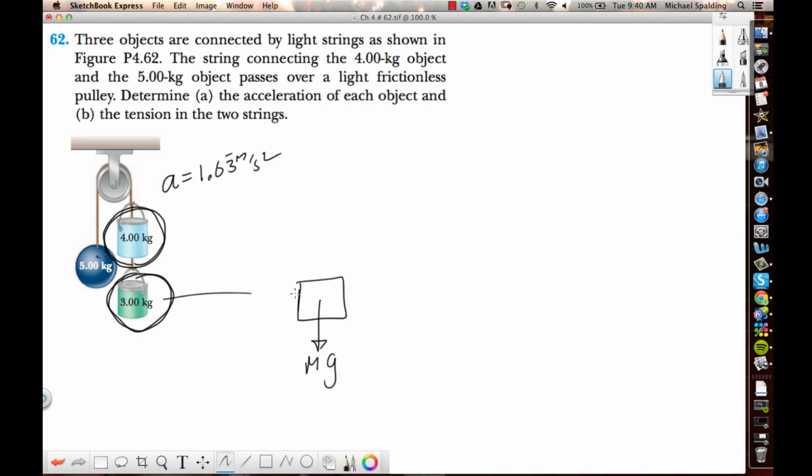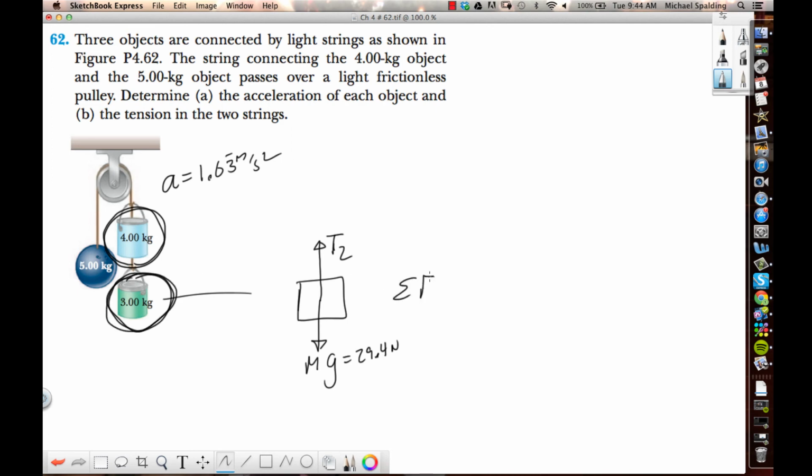So this is 29.4. mg's 29.4. All right, what's the force up on this green 3 kilogram bucket? T2. So now look, there's the free body diagram for this guy, right?